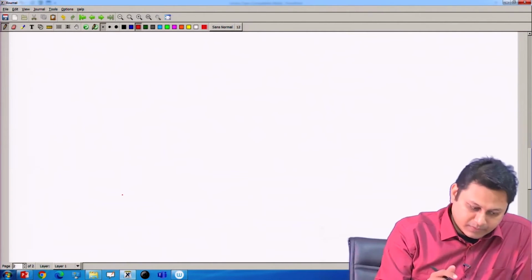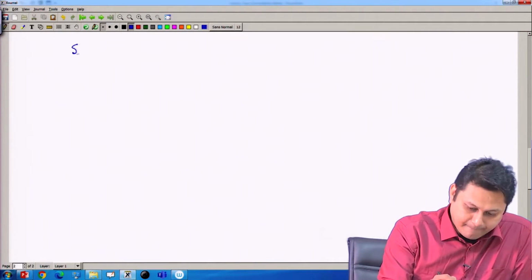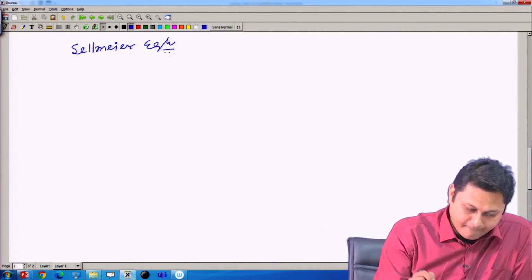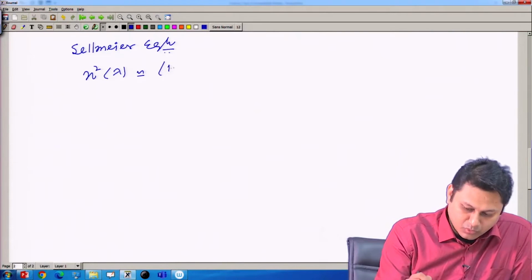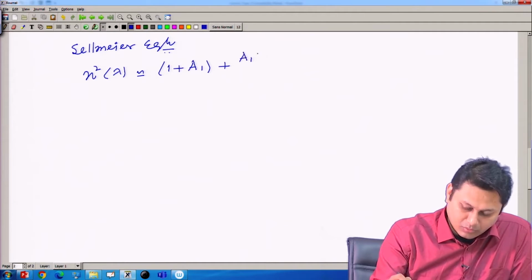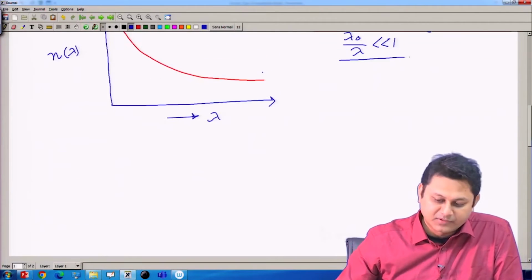Now, from the Sellmeier equation, I can write n square lambda is nearly equal to 1 plus A1 plus A1 lambda 0 square divided by lambda square, taking only the lambda square term.